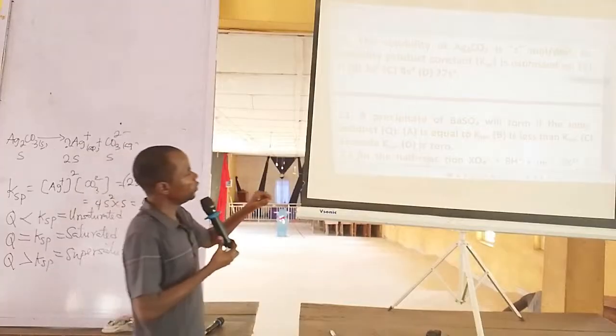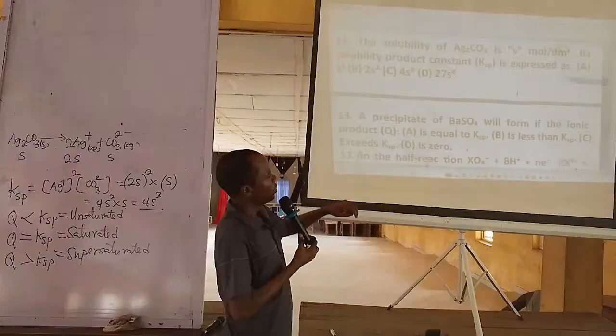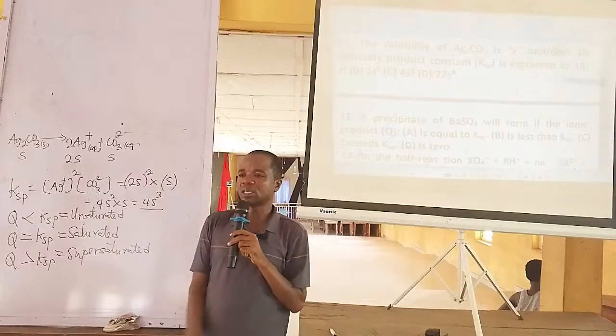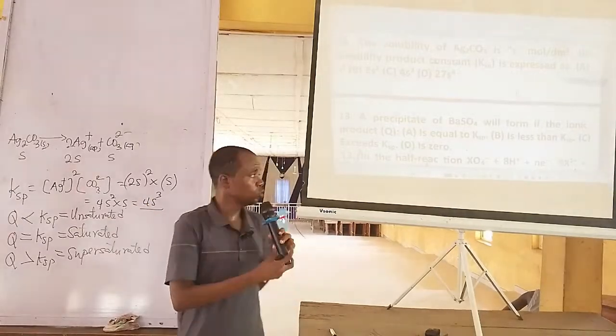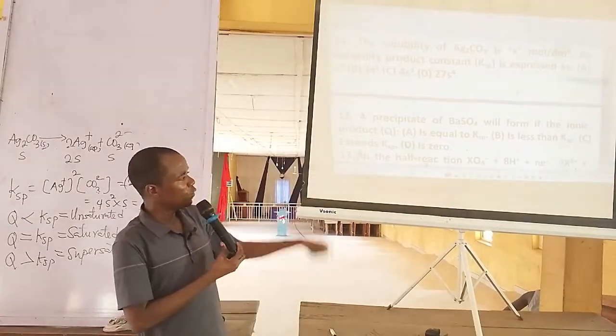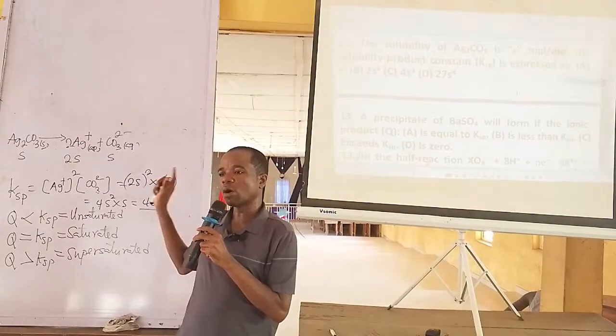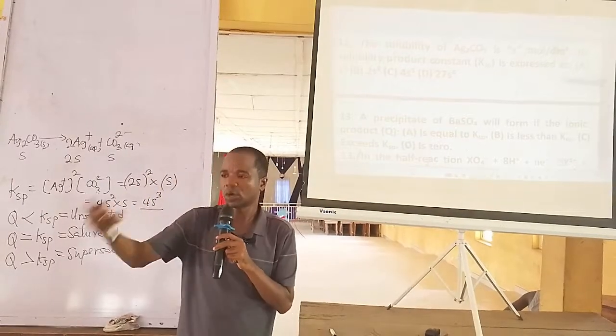Once again, if it is option A, if Q is equal to KSP, it means the solution is a saturated solution. If it's option B, if Q is less than KSP, it means it's an unsaturated solution. It will dissolve more solid.